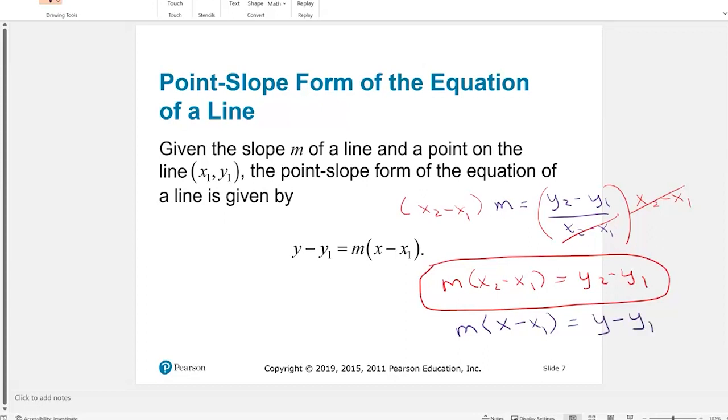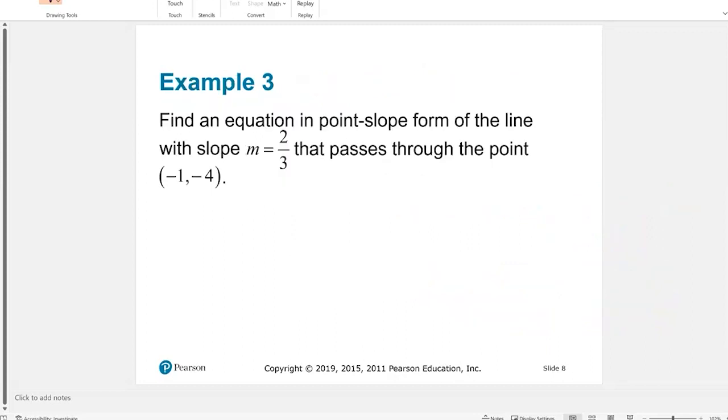I know that I will be given x1 and y1 because I'll be given one point and I'll have the slope. That's why I want to put it into point slope.